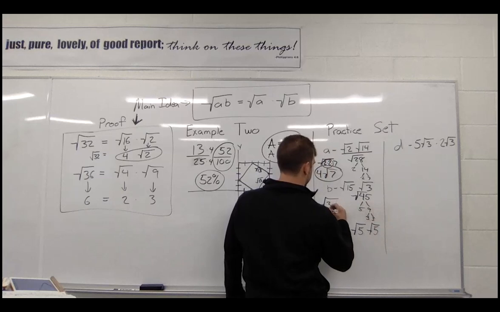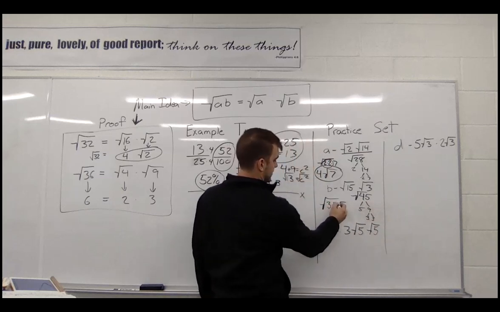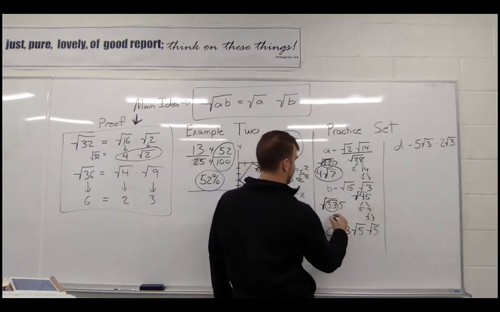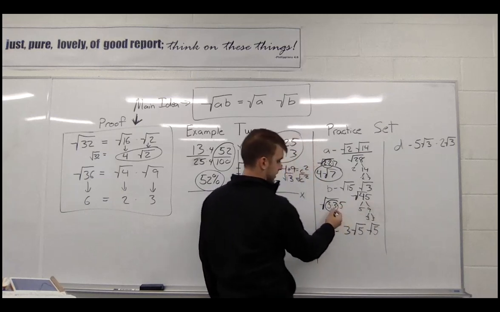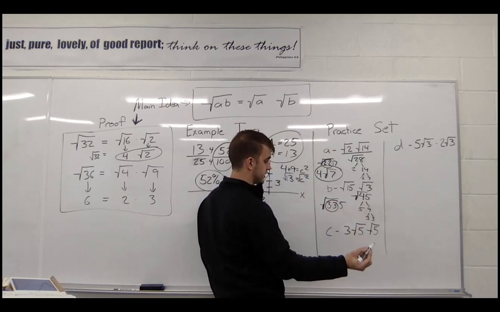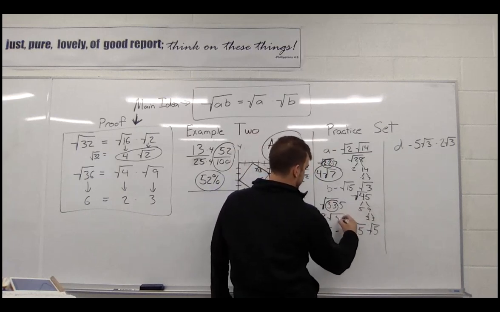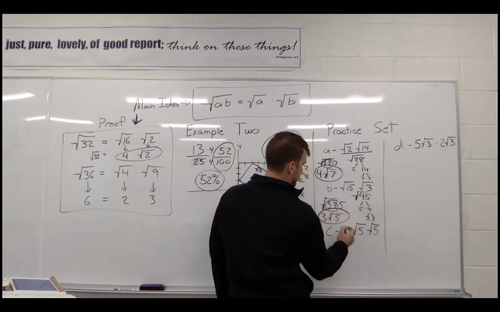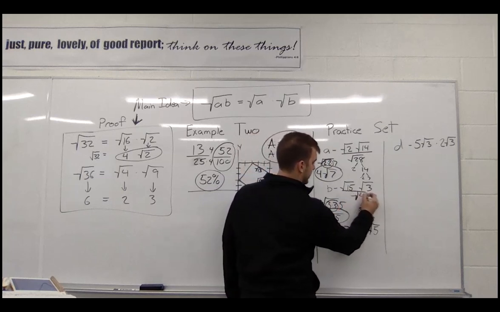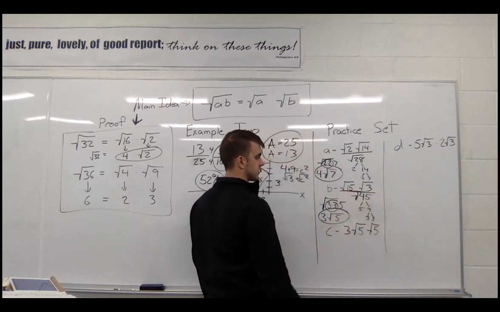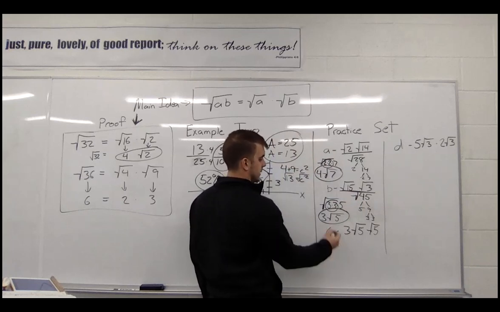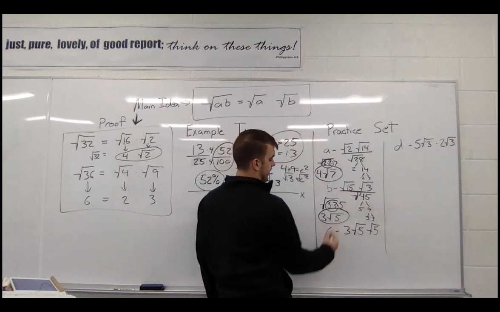So you have 3 times 3 times 5. Right here's another group of 2. So simplified, your answer is 3 times 3, 9. 9 square rooted is 3. What's left inside? 5. So your simplified answer for this right here, the square root of 15 times the square root of 3, is 3 times the square root of 5.